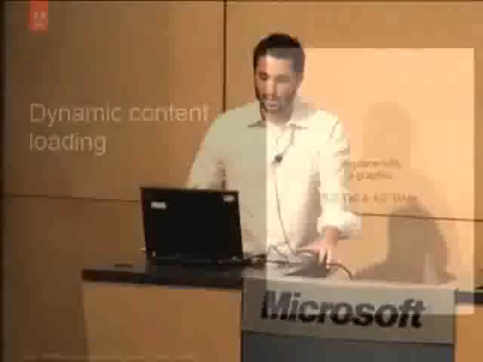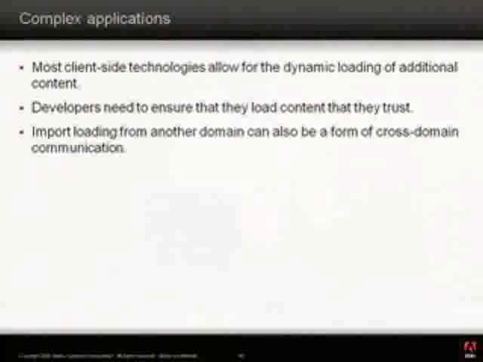Okay, so let's talk a little bit about loading dynamic content. I'm going to be a little vague on purpose because this can mean different things depending on the RIA. Most client-side technologies allow for some loading of dynamic stuff. In the web world, this is basically loading different kinds of HTML, CSS, JavaScript. You can load stuff on the fly if you want to. Imagine the AJAX stuff, right?